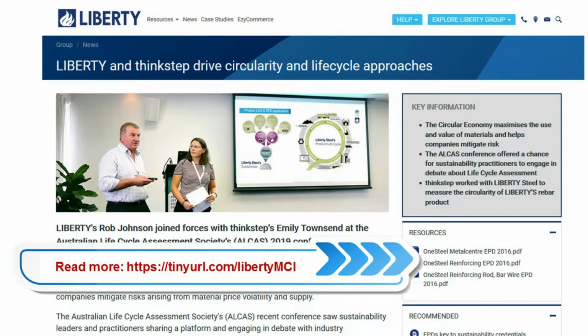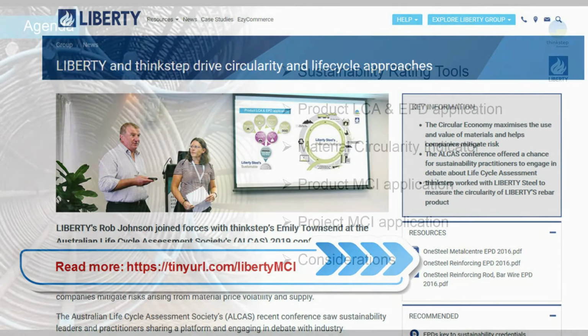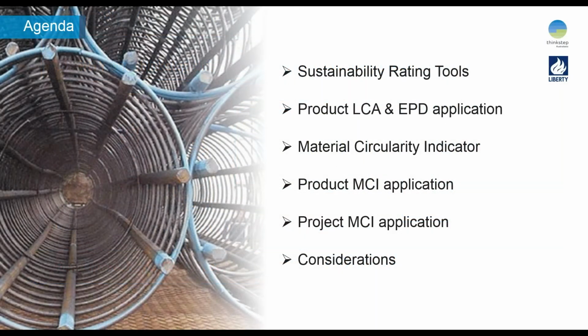Today, we're going to be talking about a few topics, all related to circularity: an introduction to sustainability rating tools for those of you who aren't familiar with them, and then how product lifecycle assessment and environmental product declarations are applied within those rating tools, where Rob's going to give you some more detail from his experiences.